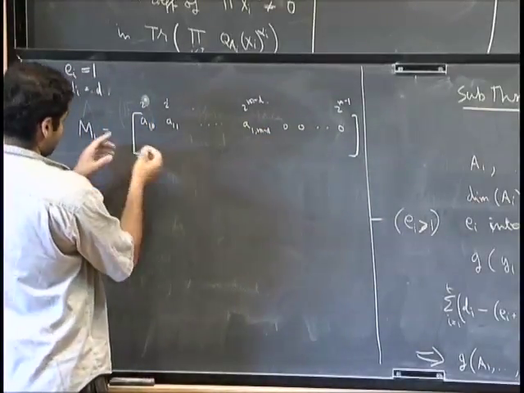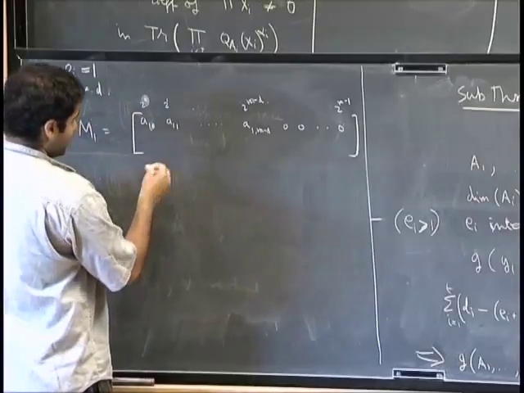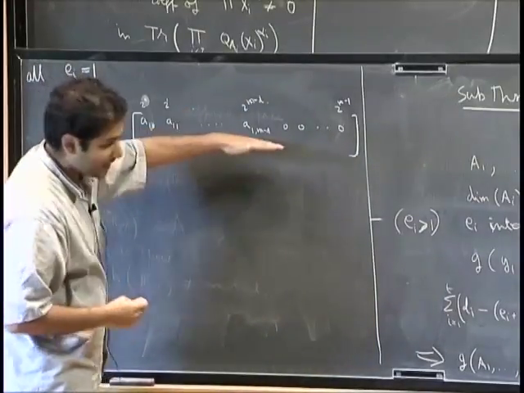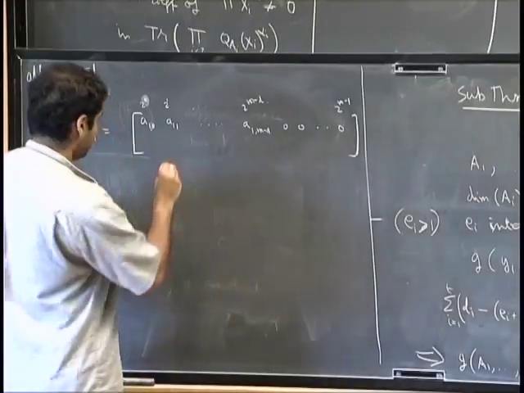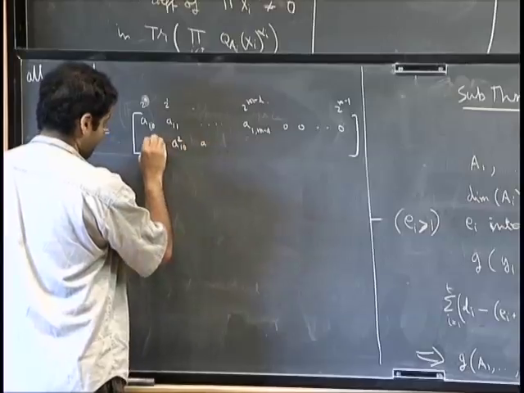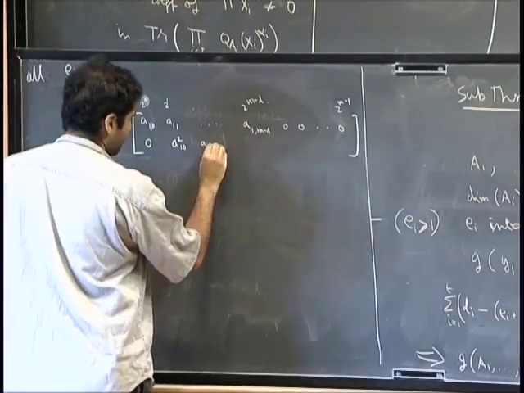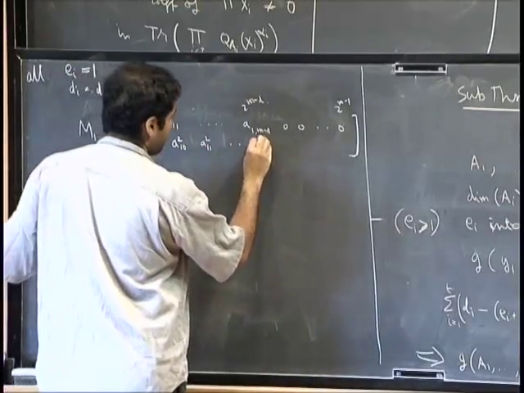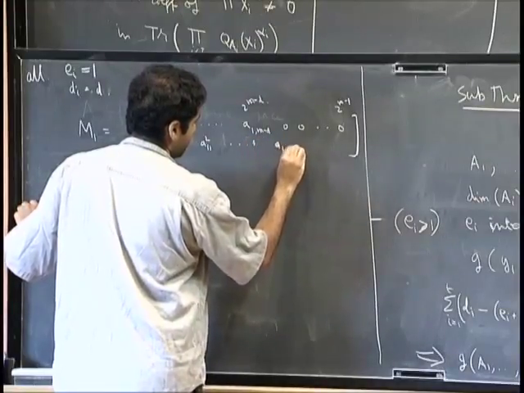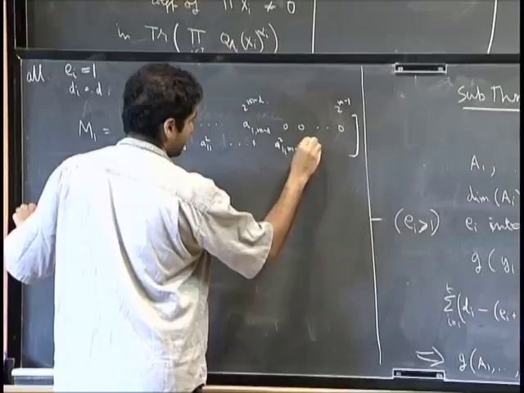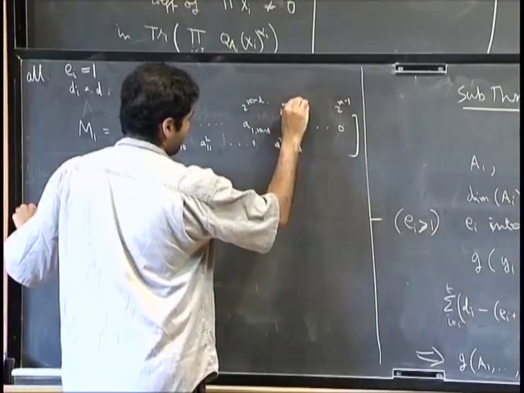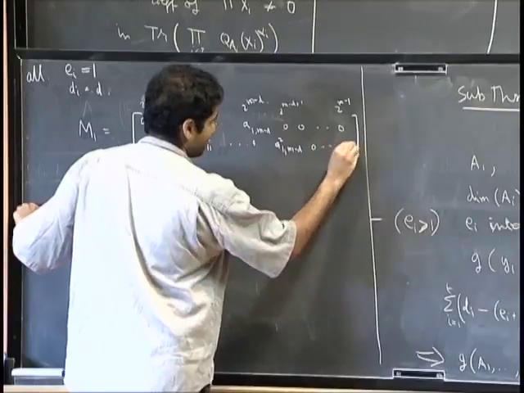Okay, and it is a 2 row matrix. The second row is you take the previous row, you square it and you cyclically shift it. A10 square, here is a 0, A11 square, then A1 m minus d square, that is built in 2 to the m minus d plus 1, and then 0 0 0.